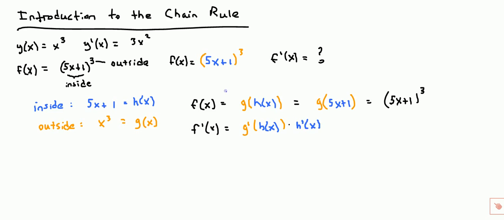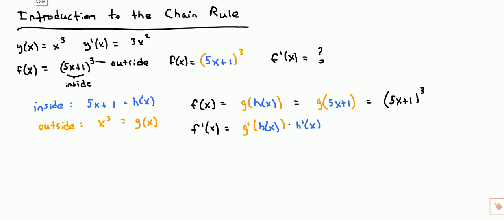Now this is very confusing the first time you learn it. G prime of h of x times h prime of x. What does that mean?